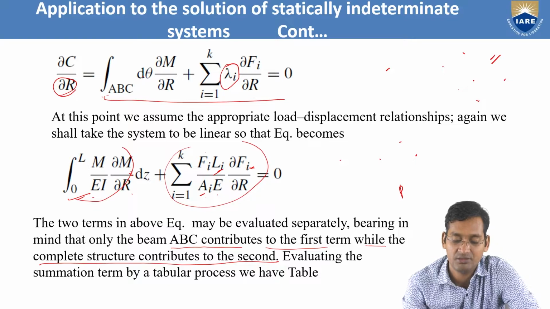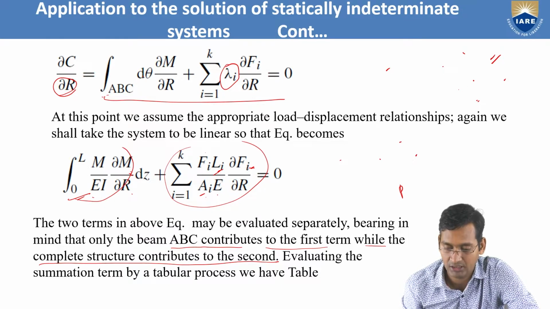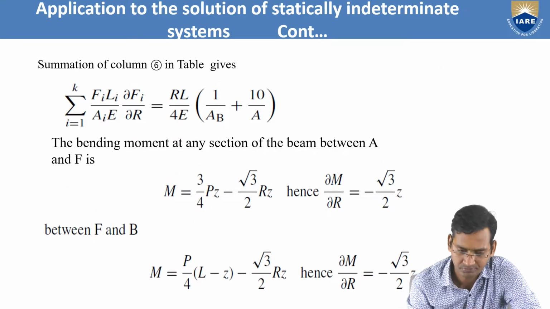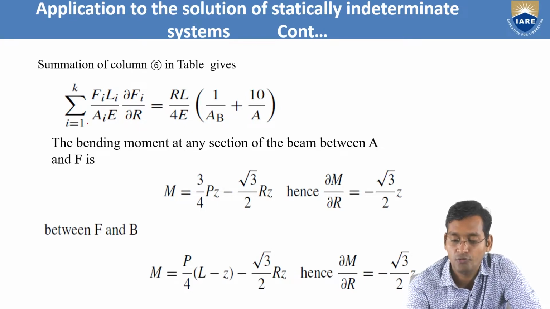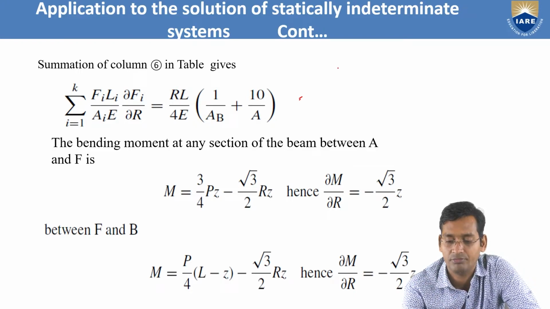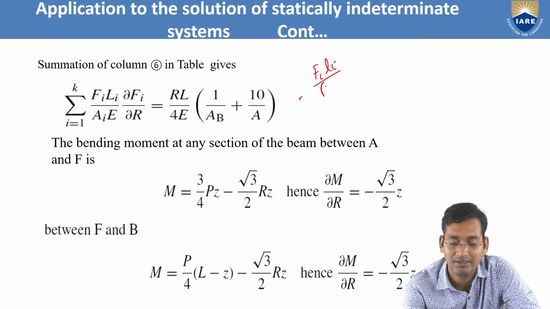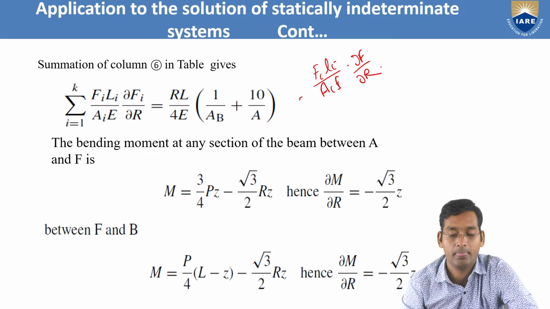Evaluating the summation term by a tabular process, we have the table, right? Already we found it. Now just putting the values. So what is required? Just see here. For the second part we are evaluating, what is required? FiLi by AiE into ∂F by ∂R.